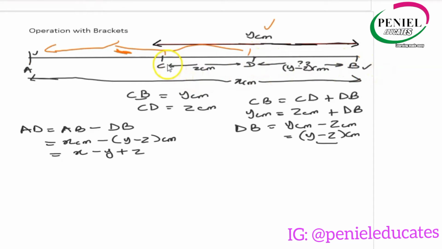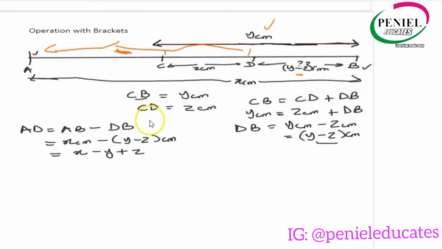We already know that our line CB is y centimeter and our line CD is z centimeter, and we're to find this line DB. So if you do the arithmetic, z centimeter will cross to this side. So definitely you have your line DB to be y minus z centimeter.